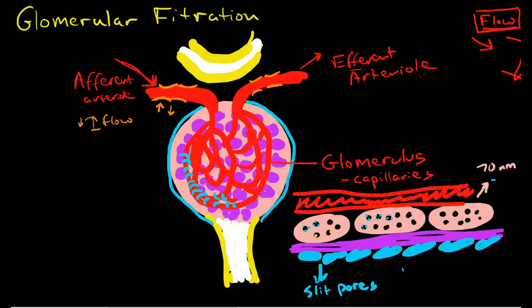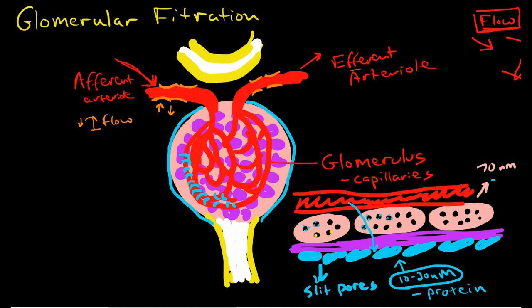Now also, these slit pores are even smaller. They're like 10 to 20 nanometers. And these slit pores, when they are functioning properly, resist the passage of almost all proteins. So it's rare for proteins to pass through from the capillary through the fenestra and through the slit pores.